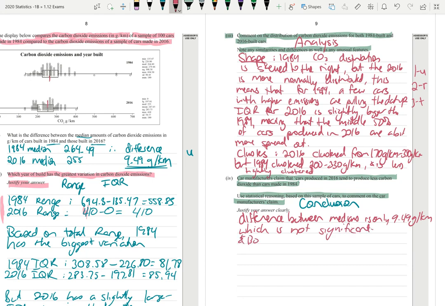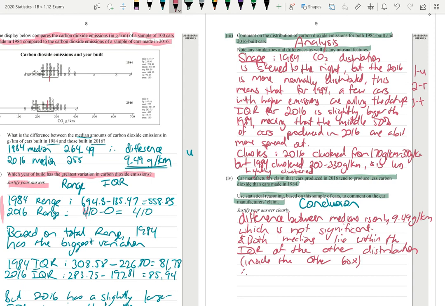And both medians lie within the interquartile range of the other distribution, or inside the other box.